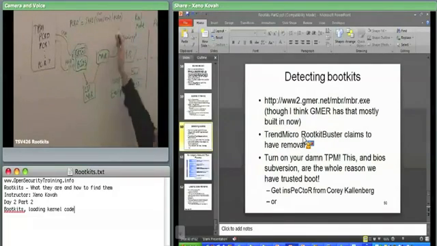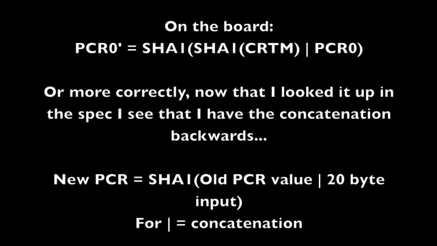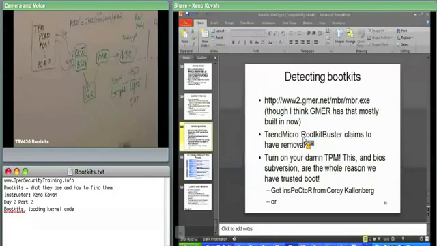Whatever is already in PCR 0, which at time of reboot is going to be 0. So this is going to be 0, this is going to be something. Concatenate those together, take SHA-1 and put that into PCR 0.